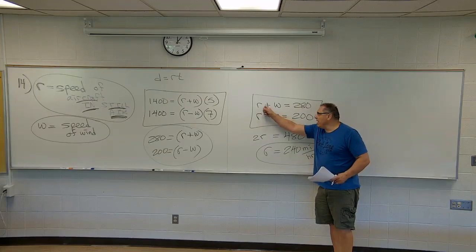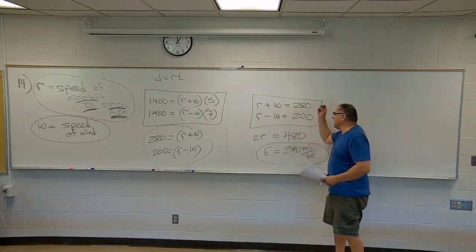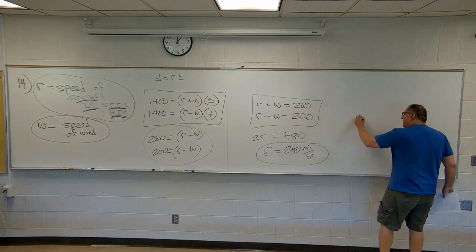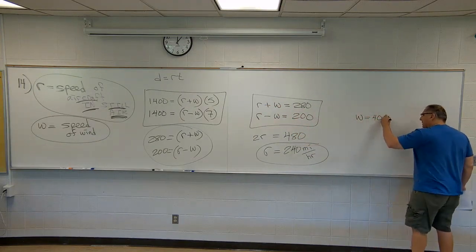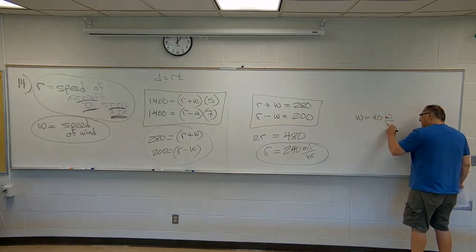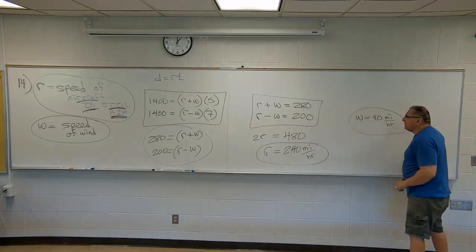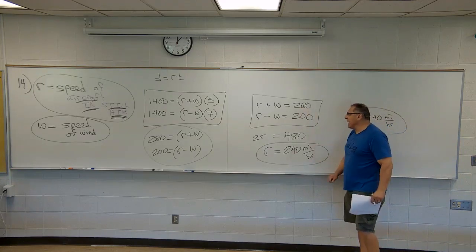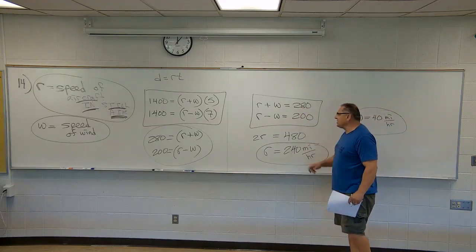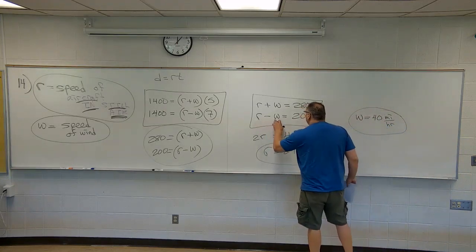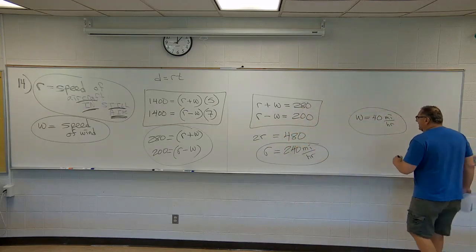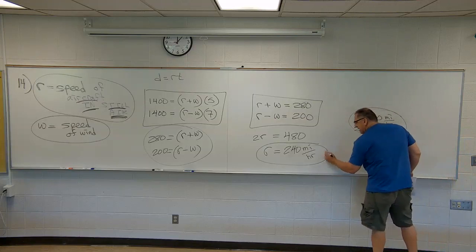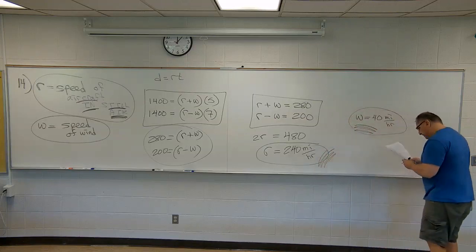What would you add on to 240 to get 280? 40. 40 mile per hour wind. When it's with you, you're getting a lot of help. When it's against you, what's 240 minus 40? It's 200. Either way you plug it in, you can solve it, guys. That's the wind speed, and that's the rate of speed there.